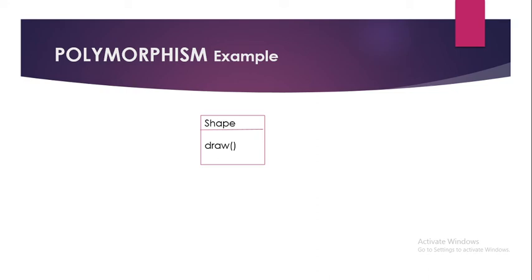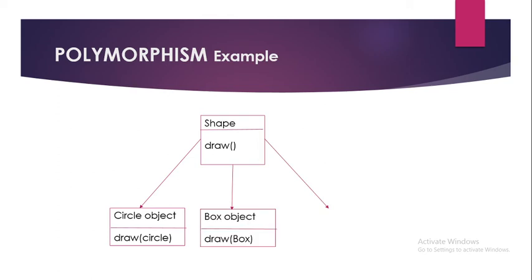Now I want to be more specific about which type of shape it is, and for that, from the shape class we have derived some classes. First is the circle class, second is the box class, third is the triangle class.